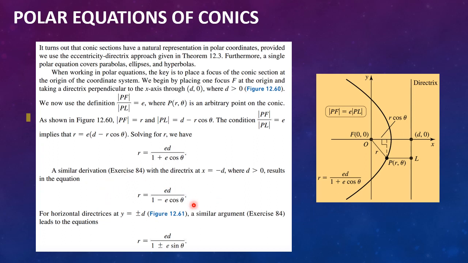So this is the focus and everything is on the x-axis going through the origin. So this is an x-axis formula to define the conics in terms of polar coordinates, and this is on the y-axis, or for a horizontal directrix, which would be y equals a constant.